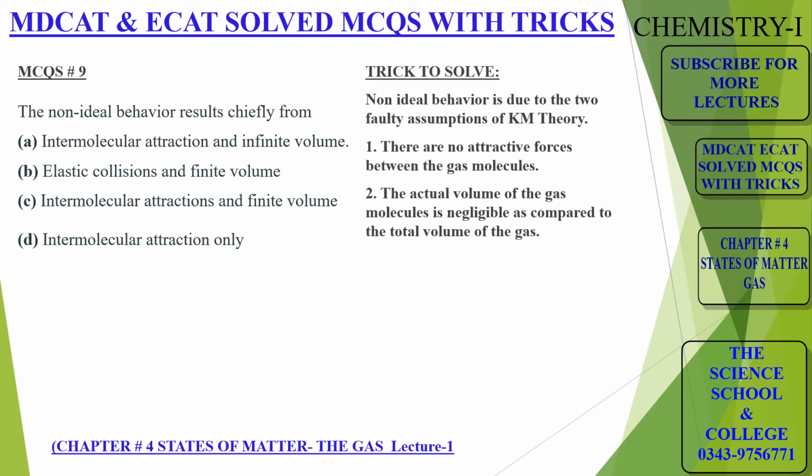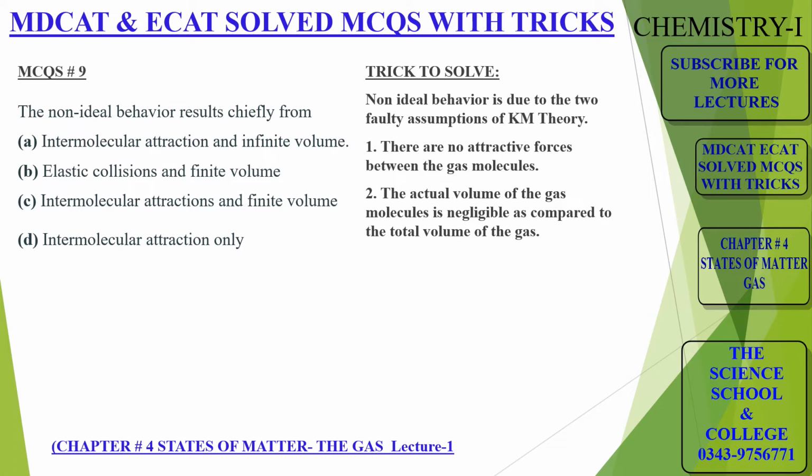To solve this MCQ, you know that non-ideal behavior is due to the two faulty assumptions of kinetic molecular theory. The first assumption is that there are no attractive forces between the gas molecules.